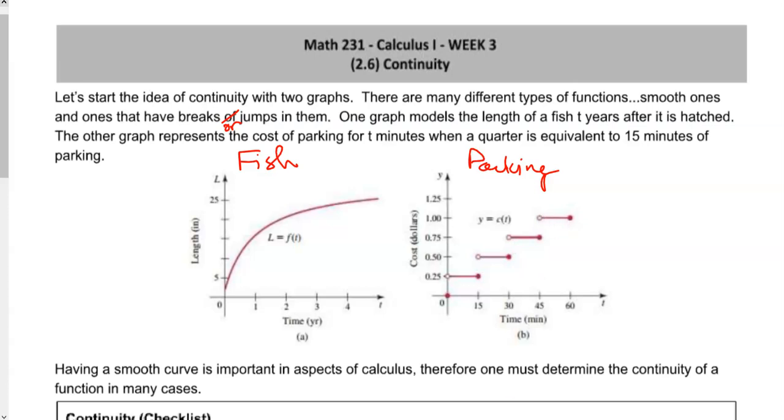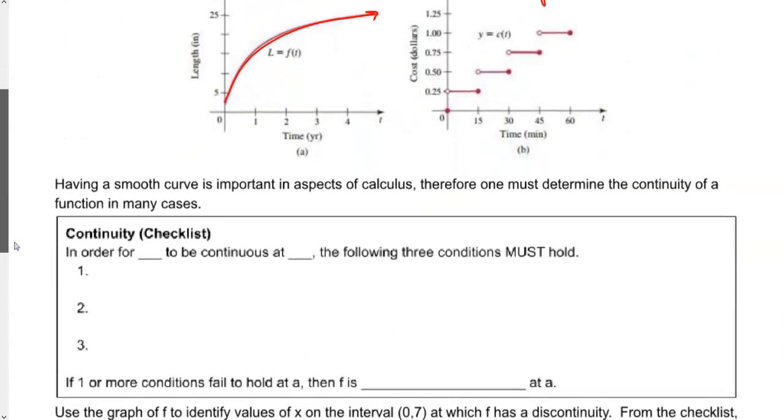So here, this is what we say is a continuous function. And this is a continuous function only in between where we are smooth or constant. So at t equaling 15, t equaling 30, t equaling 45, we would have a function that is discontinuous at that point.